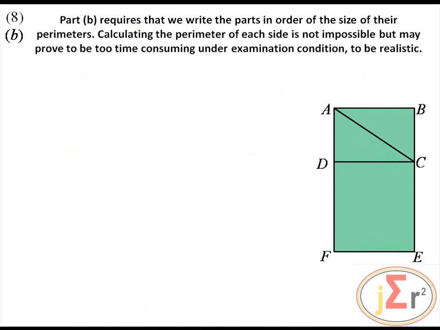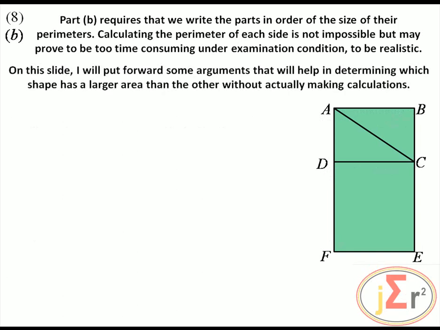Part B requires that we write the parts in order of the size of their perimeters. Calculating the perimeter of each shape is not impossible, but may prove to be too time consuming under examination conditions to be realistic.